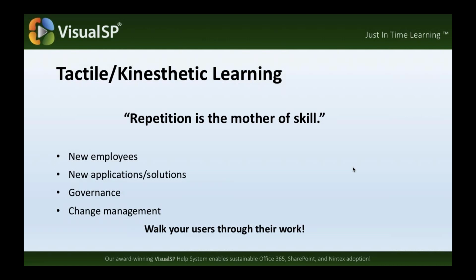So anytime there's a new employee, there's that opportunity for them to have to learn new ways of doing things, even in the context of Office 365. And as I mentioned, most companies have some sort of customizations, and these applications and solutions in Office 365 change all the time.